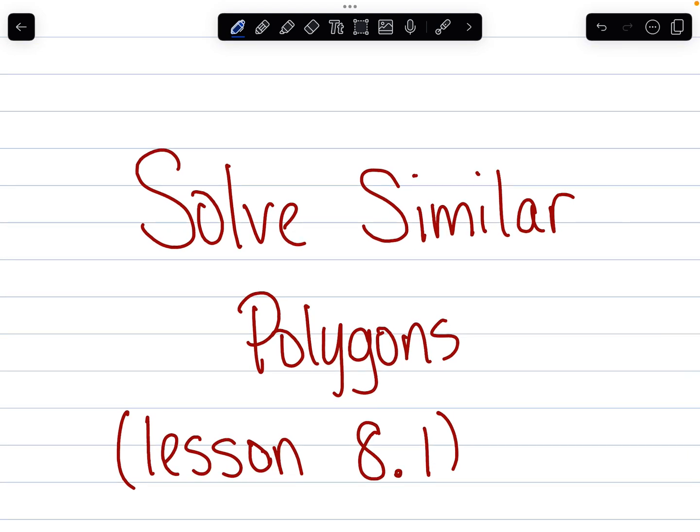Okay, today we're going to continue talking about similar polygons. Yesterday we just looked at how to set those things up, right? We talked about corresponding angles are congruent, and then corresponding sides are what? Proportional, right?